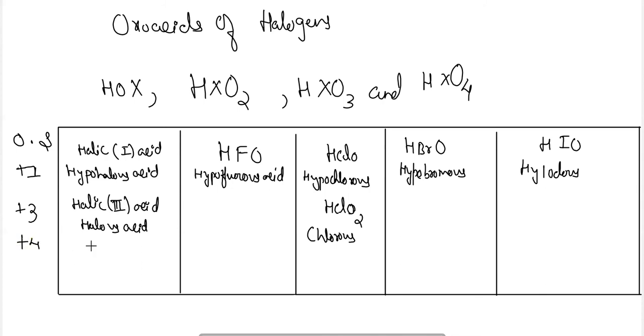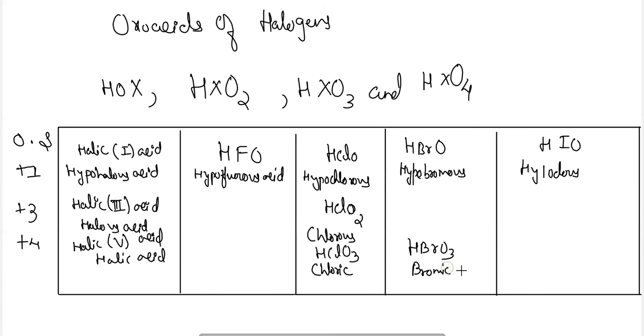Then plus 5, the acids are termed halic acids. The first acid in this group is HClO3, chloric acid; HBrO3, bromic acid; HIO3, iodic acid.